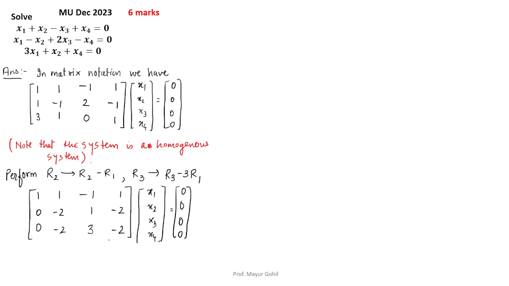Now after this we will simplify it a bit further. What we can see is that the second row and third row are almost similar, so let us perform some operations there. We perform R3 changing to R3 minus R2.